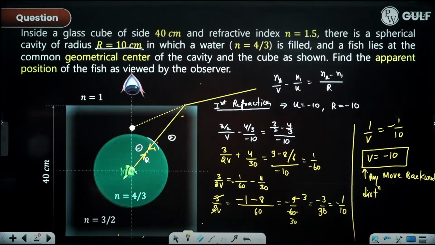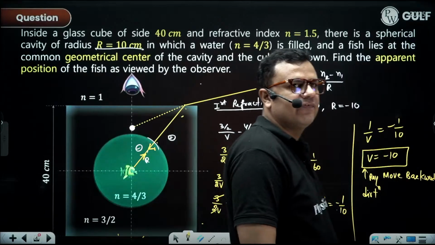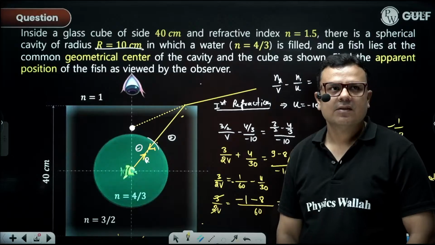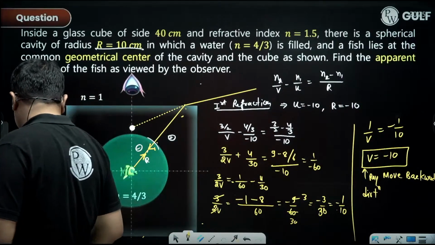Any other students? Object distance from the refractive surface.